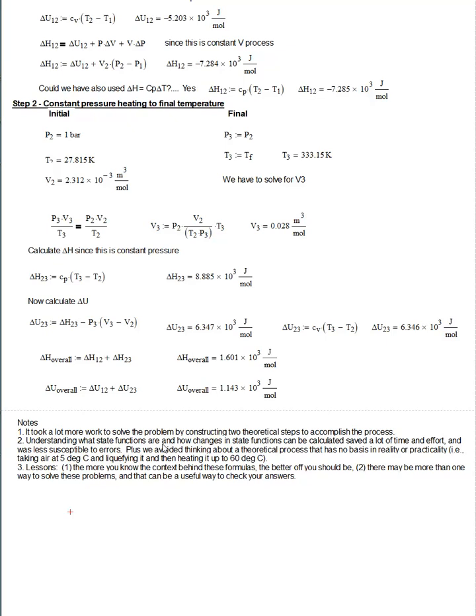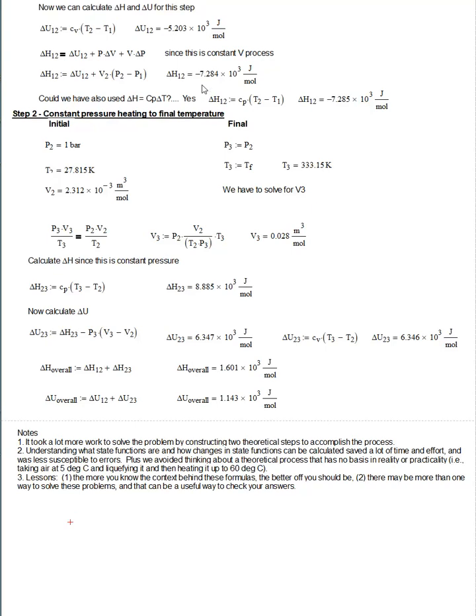Because if you do, it can save you a lot of time and effort, and with all these calculations, punching these into your calculator, you're a little bit more prone to make a mistake than if you just did delta H is equal to Cp delta T for the overall process.